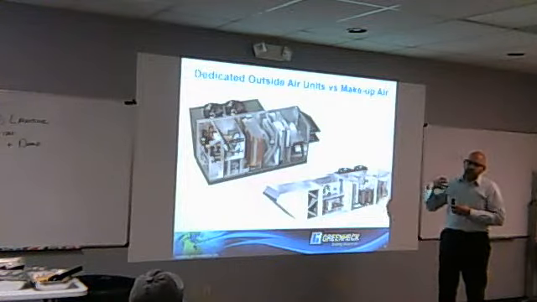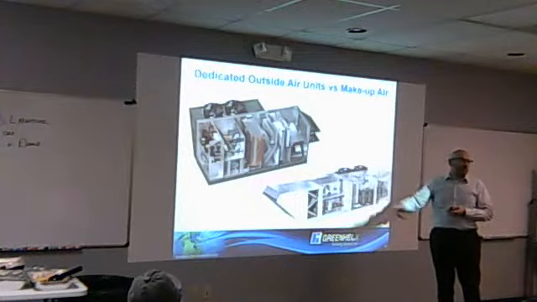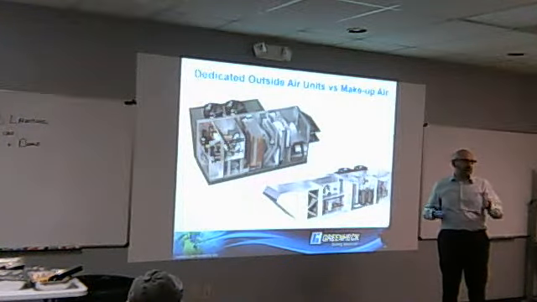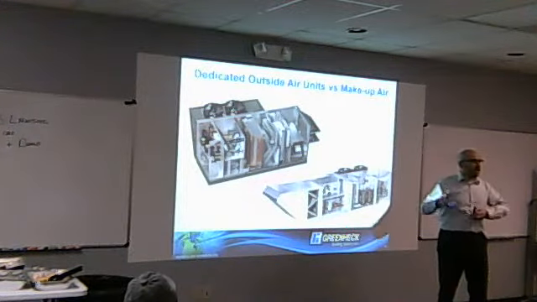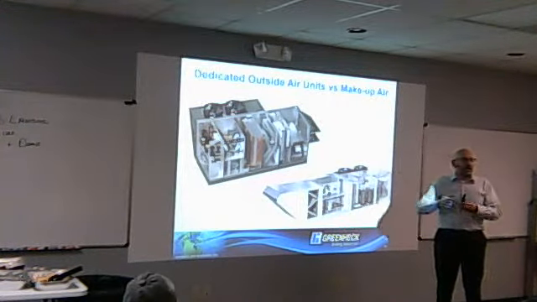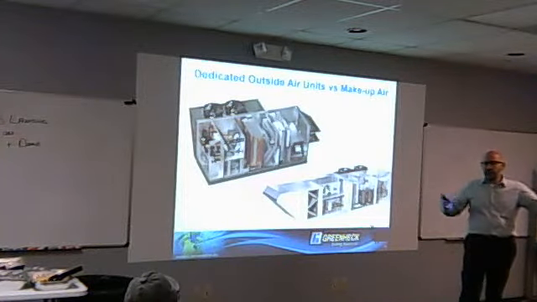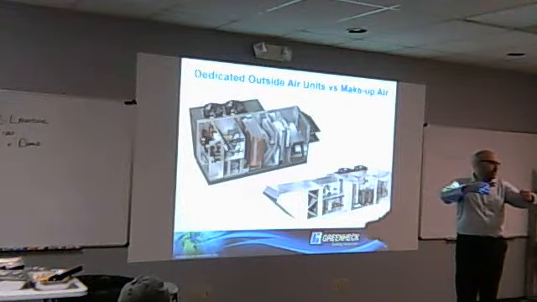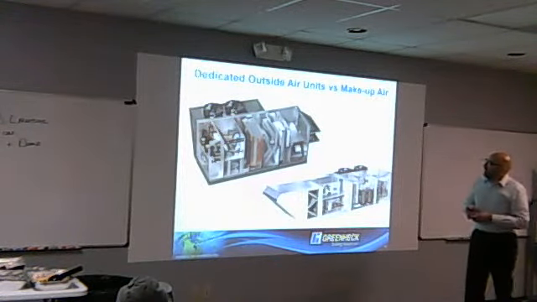Historically, if you brought all that air in, you were dehumidifying and doing the sensible cooling in the unit. Well, the DOAS units, dedicated outdoor air supply, say, hey, just worry about the ventilation that we need, dehumidify that air, and then in the space, have devices that can sensibly cool. So now in the space, you're bringing these two air streams together. So you might have different fan coil units.